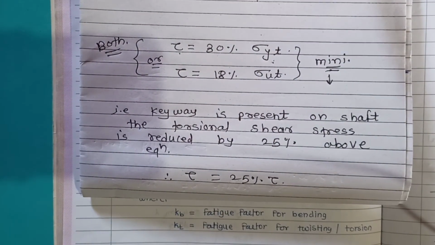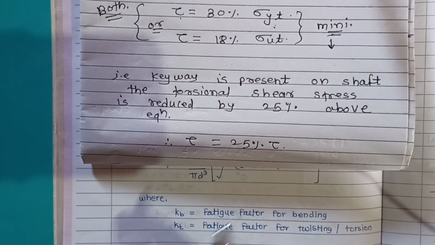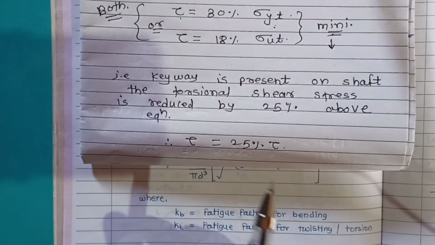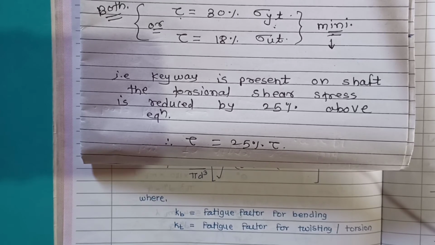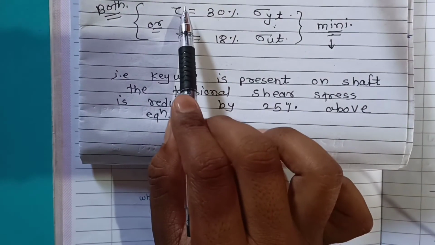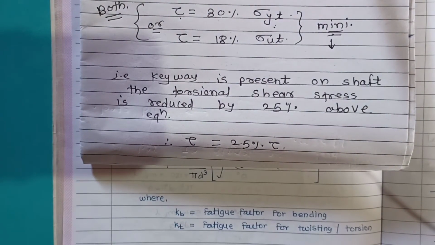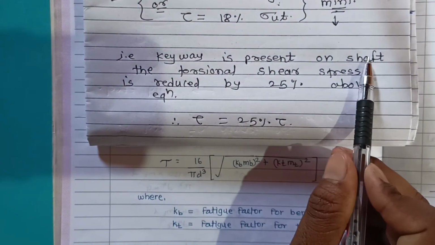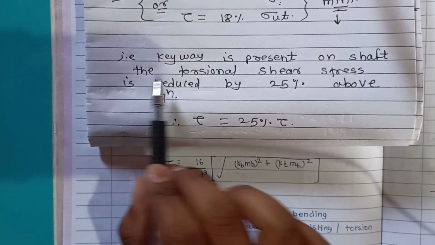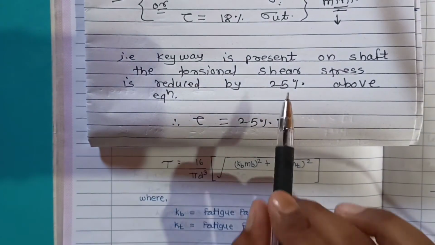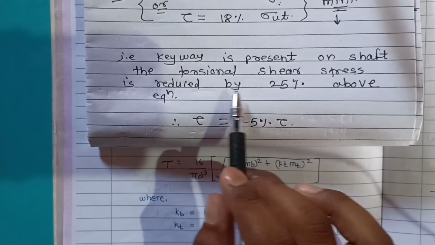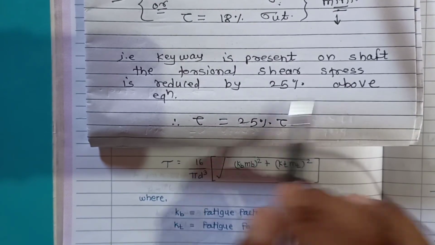At that time the keyway is present on the shaft. Now we take one shaft, and on this shaft the keyway is present. At that time the value of torsional shear stress will change. Understand one thing: we find the permissible shear stress from this equation, and when the keyway is present on the shaft, the torsional shear stress is reduced by 25% of the above equation.